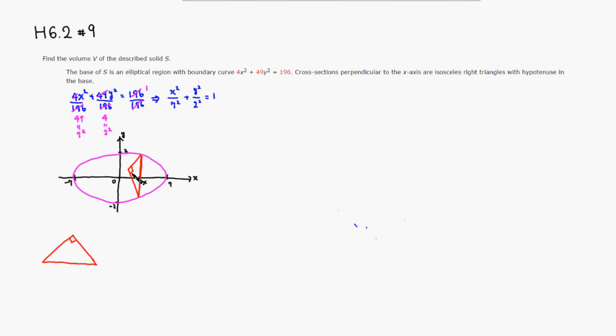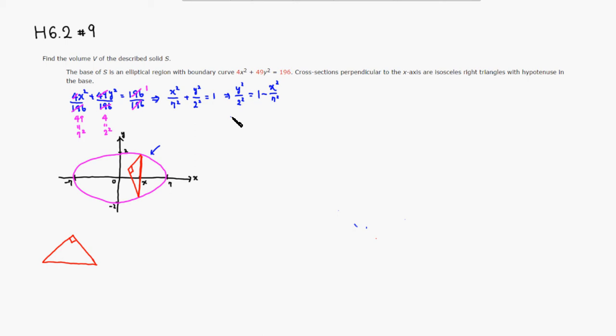Alright, so the equation for this guy, if I solve for y, this is going to be y squared over 2 squared is equal to 1 minus x squared over 7 squared.